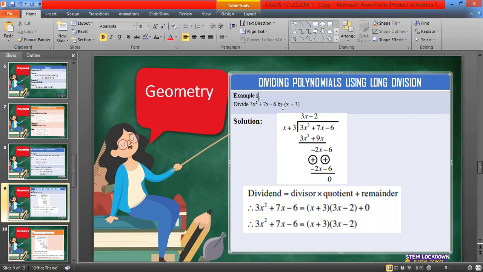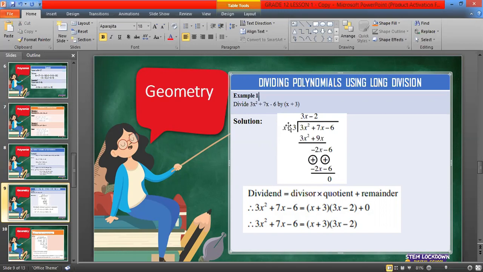To illustrate that with an example, say we have 20 divided by 6. The 20 is sort of your polynomial.